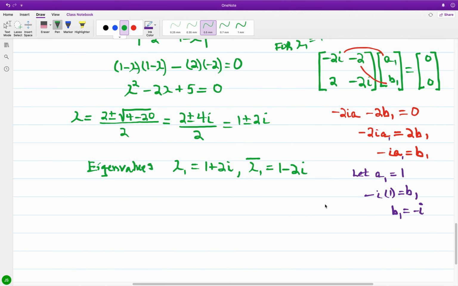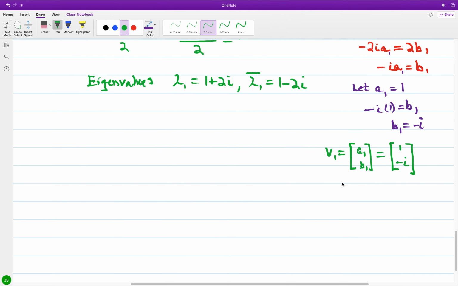So we can say that for our first eigenvector, a1 is equal to 1 and b1 is equal to negative i. And we need just this one eigenvalue, and I do not have to use the other eigenvalue. And so in the continuation, we're going to have the big picture.